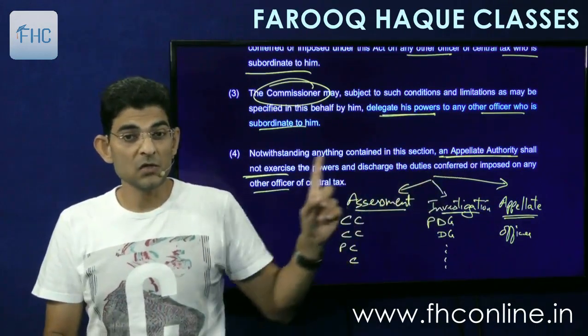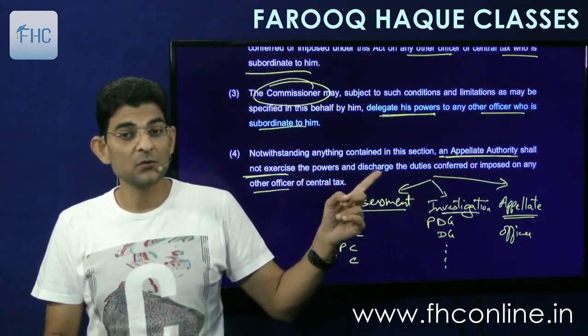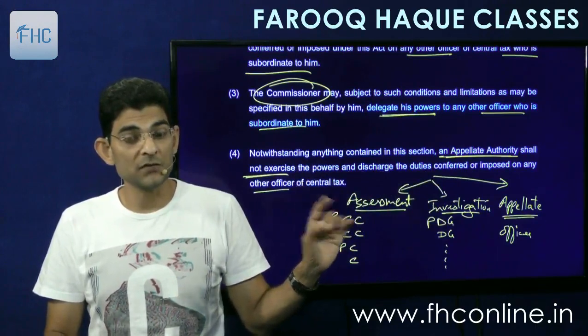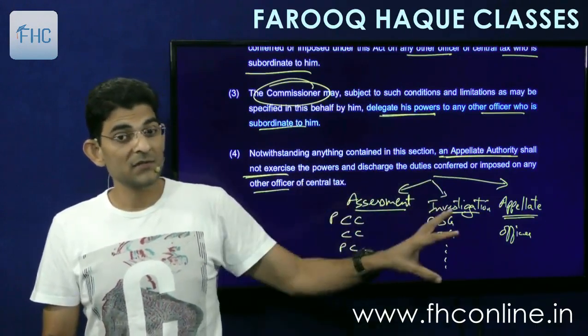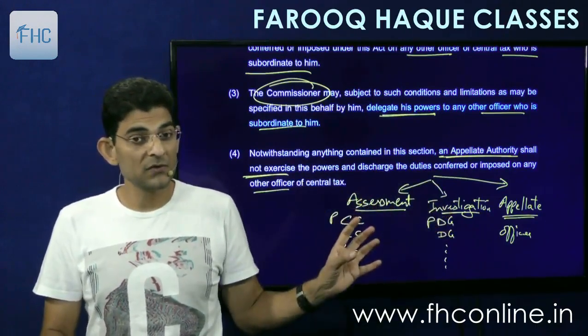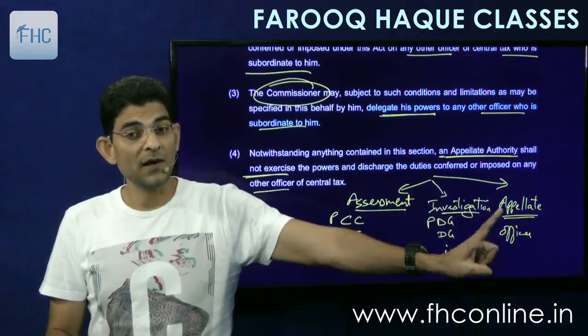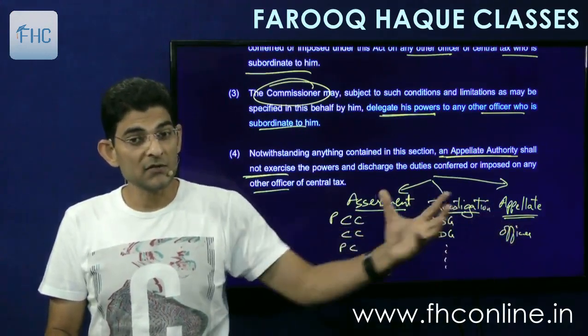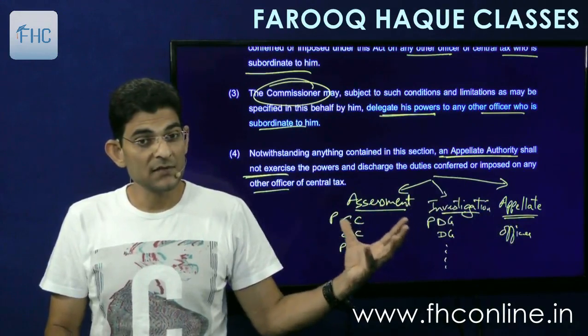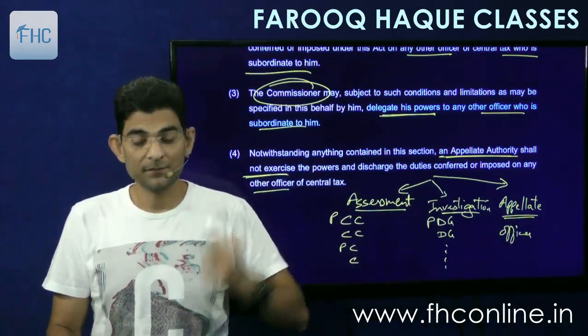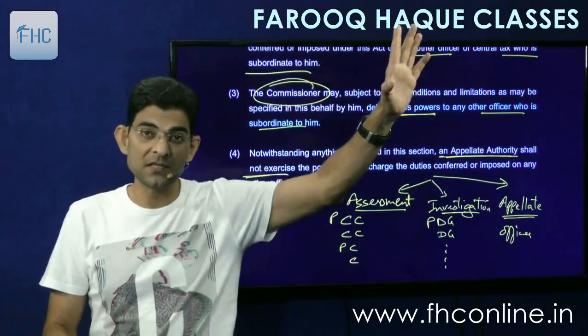The appellate authority shall not exercise the powers or discharge the duties conferred or imposed on any other officer. So these other officers are the investigation wing officers and the assessment wing officers. The officer of the appellate wing cannot exercise the powers of these officers. His job is only to hear appeals, that's it.